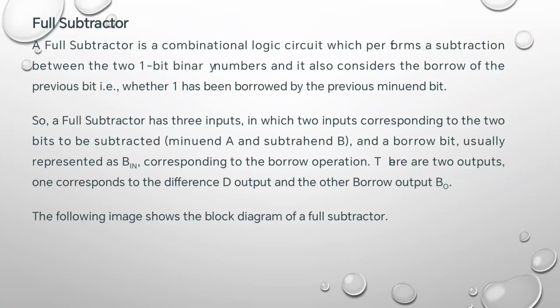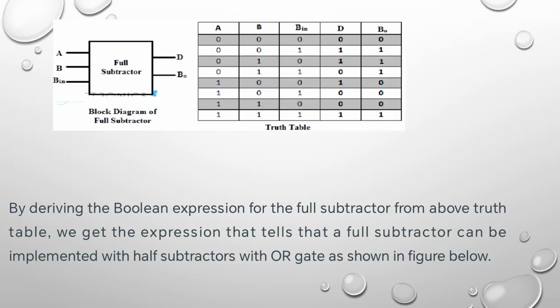So a full subtractor has three inputs, in which two inputs correspond to the two bits to be subtracted, and a borrow bit usually represented as B in, corresponding to the borrow operation. There are two outputs, one corresponds to the difference D output and the other output B0. This is the block diagram for the full subtractor, and this is the truth table for the full subtractor.